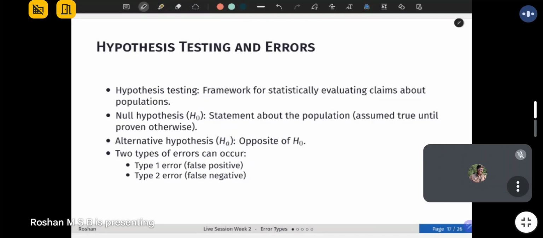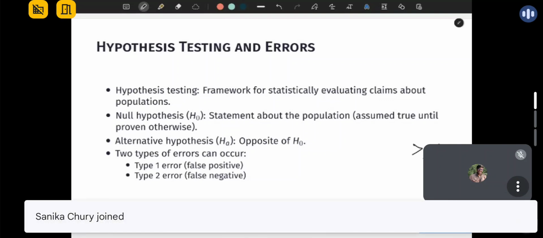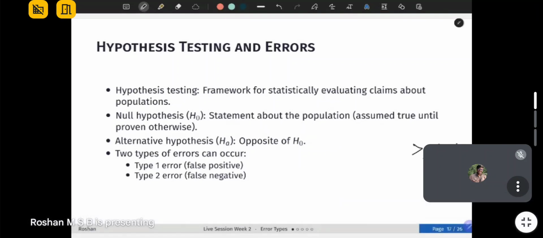Then the alternate hypothesis will be the opposite of your null hypothesis. It can be greater than, less than, or just not equal to. And two types of errors can occur. One is the type 1 error, one is the type 2 error.